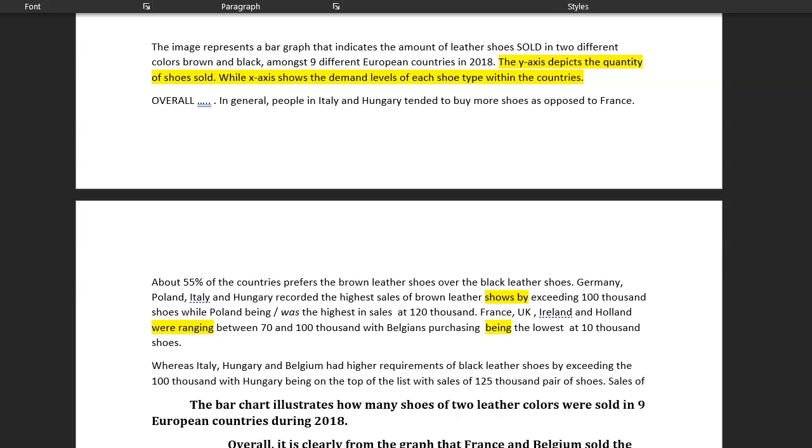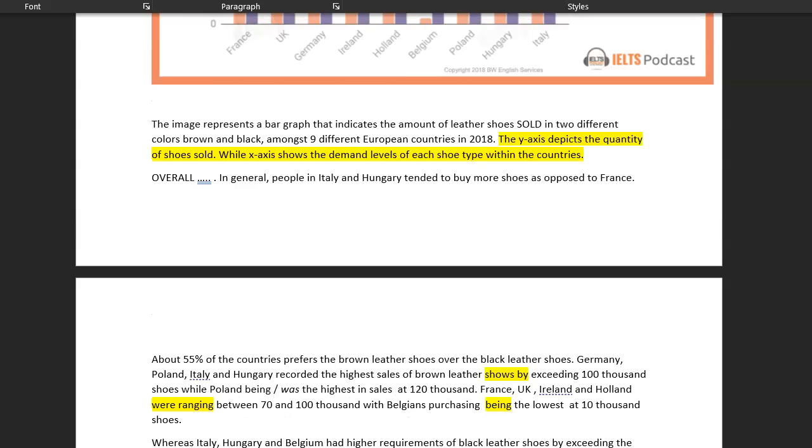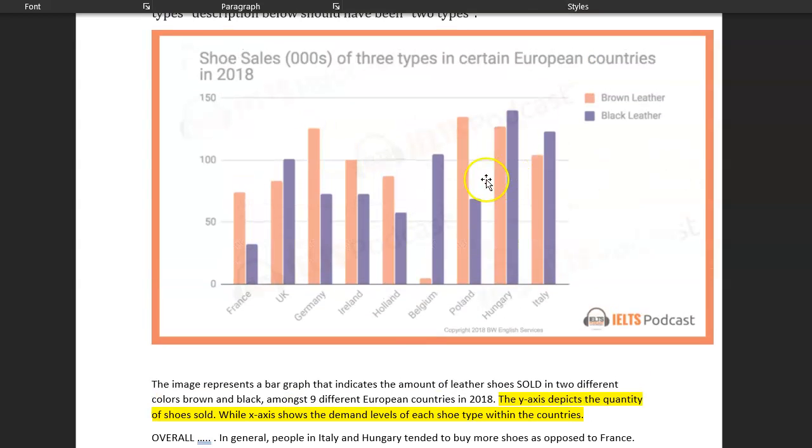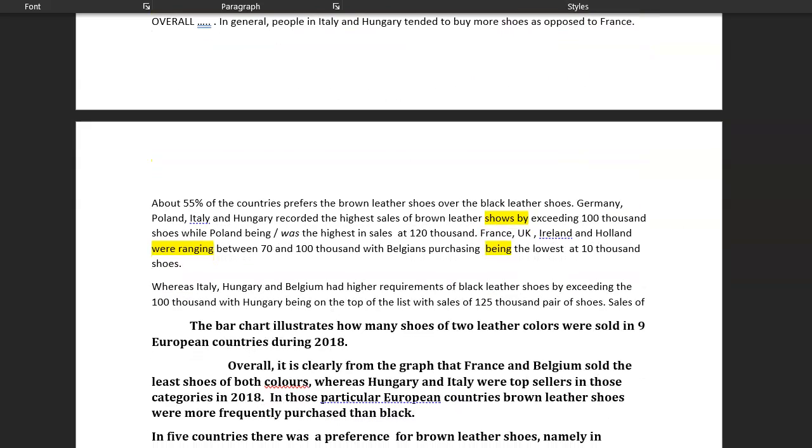Hungary, Belgium. Okay. You need one more sentence, something like in Germany, Poland, and France. Let's link those three together. So we're grouping those three.